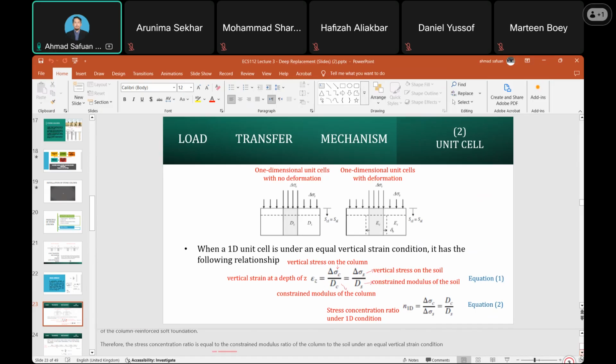Therefore, the stress concentration ratio is equal to the constrained modulus ratio of the column to the soil under equal vertical strain conditions. Later on, we may look at the use of equation 1 and equation 2.